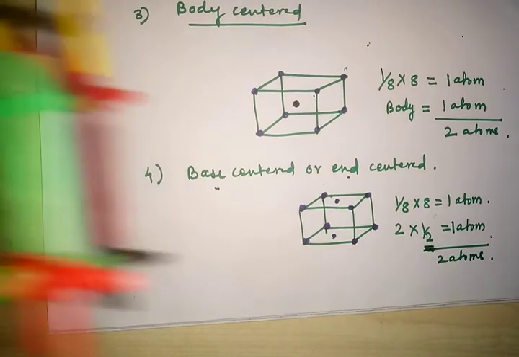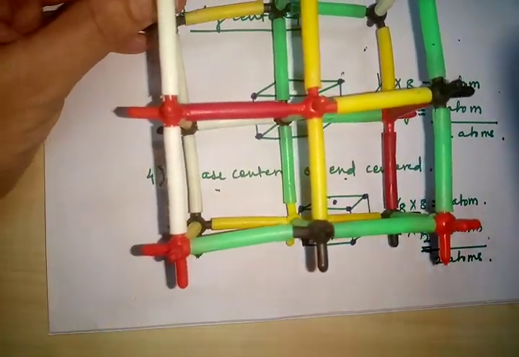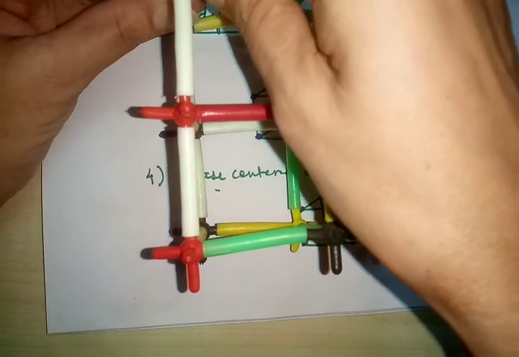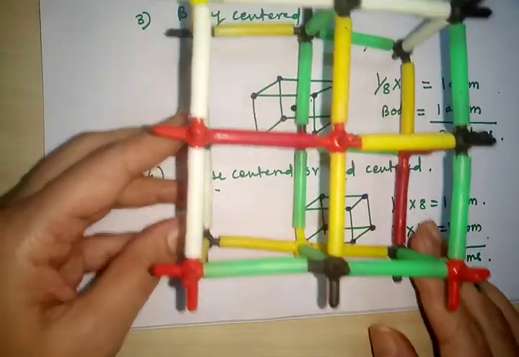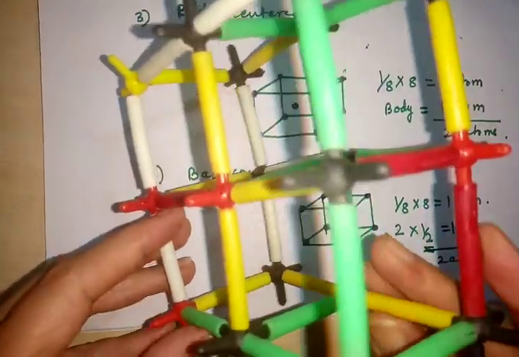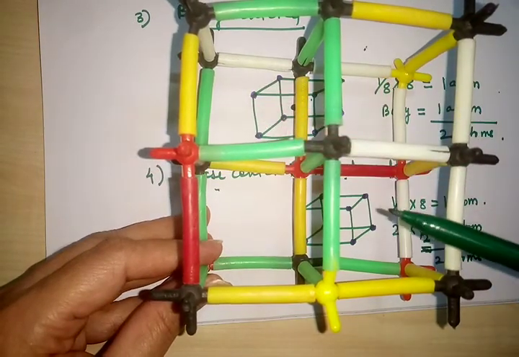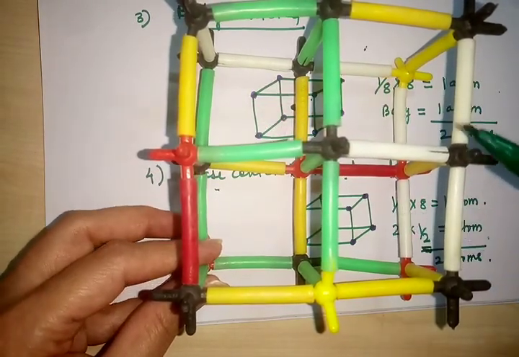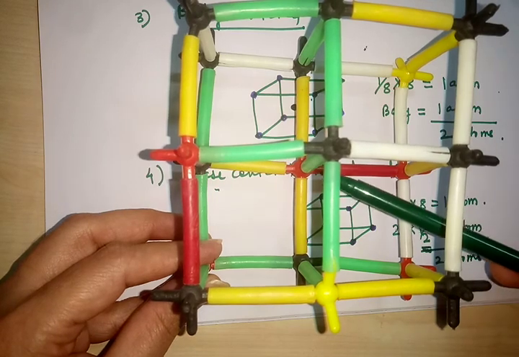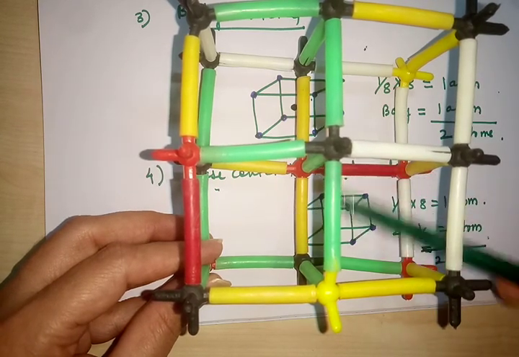Just look at the model which I have prepared here. Just a second. Yeah, so this is the thing. You just visualize this from any angle, here, here, here. So what are these? These are 1, 2, 3, 4 unit cells joined to one another, just to show how this corner particle would be shared by 8 other unit cells.